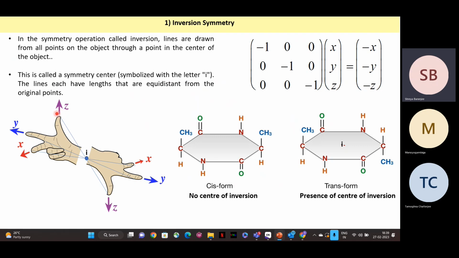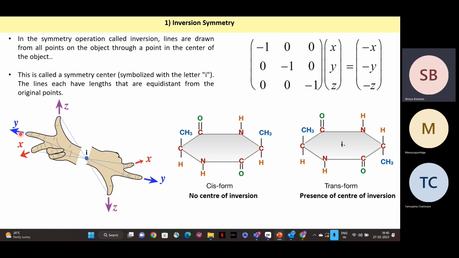If I'm starting from the thumb to the inversion point, suppose x distance in coming here, and you go x distance on the other side of the inversion point, you should also find another thumb. So that is inversion symmetry, denoted by I, meaning the line has to be equidistant from the same points.